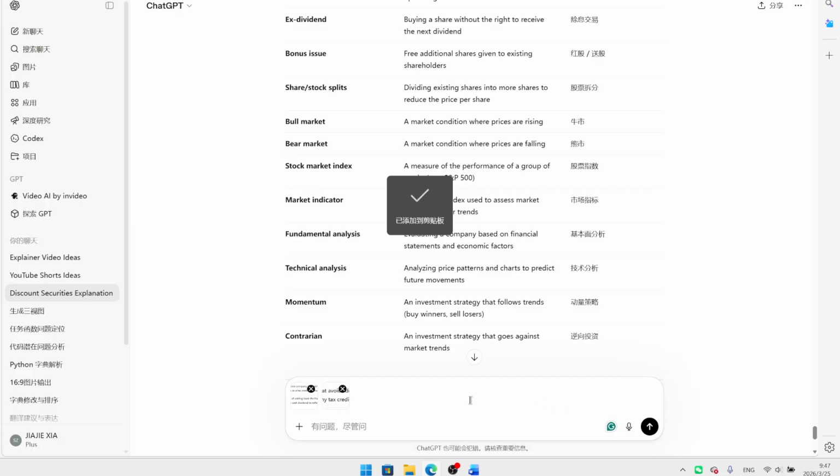For this one, make a further explanation for the above pictures with examples.